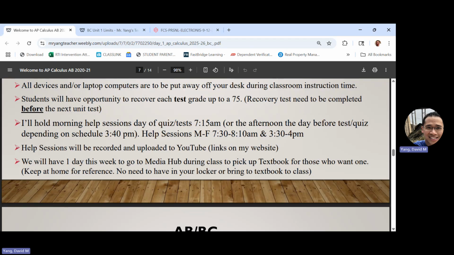So if you want to have one, not to bring to class, just have it at home as an additional resource, I think in the next 2 weeks or so, the Media Center should be ready. So you can just go and check out a book and bring it home and then return it at the end of the school year. So I don't think this is required, but if you would like one, you know where to get it at the Media Center. Check it out there.